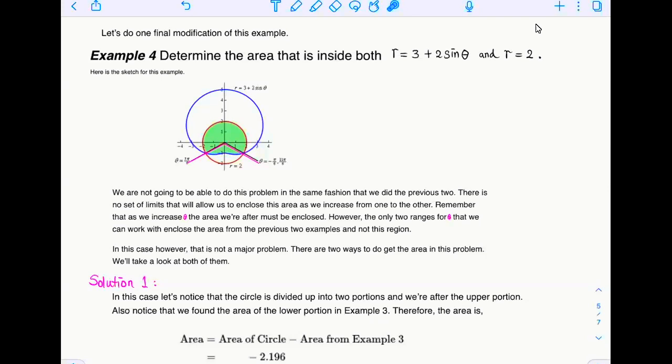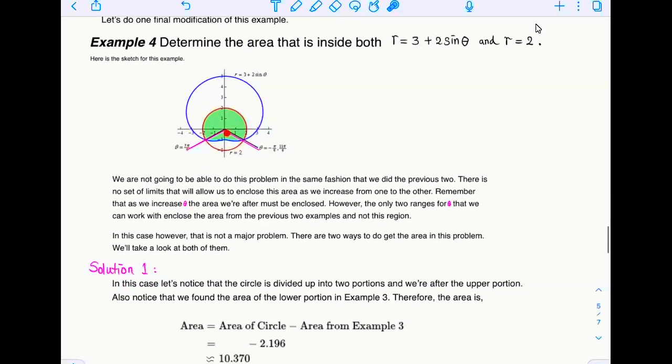So I cannot set up a single integral to represent this green highlighted area, because it actually has two parts. If theta goes from -6 to 7/6, you can get this part right here.